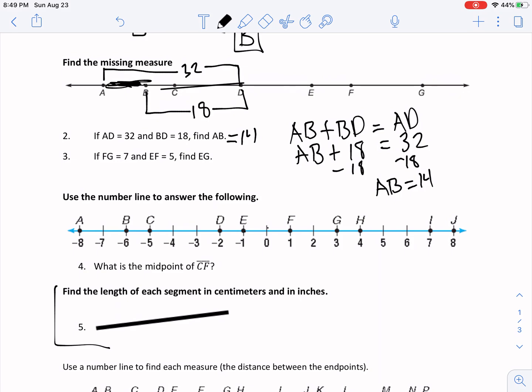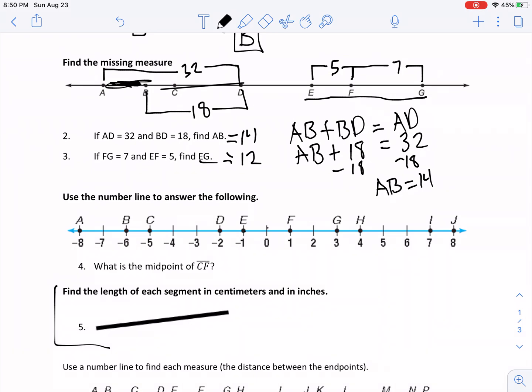Now, on the next question, they tell us that FG is 7, and EF equals 5. And we want to find EG, the total distance. Now, logically, it makes sense that EF plus FG should give us the total distance, right? We could just say 5 plus 7 gives us 12. Okay? Well, let's say you didn't understand that, and let's look at it algebraically.